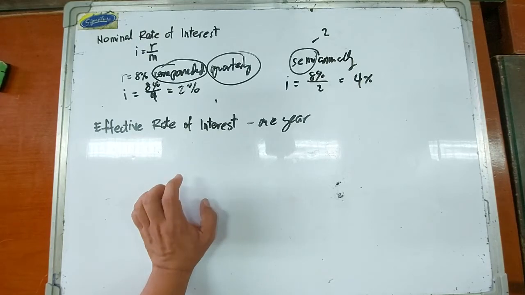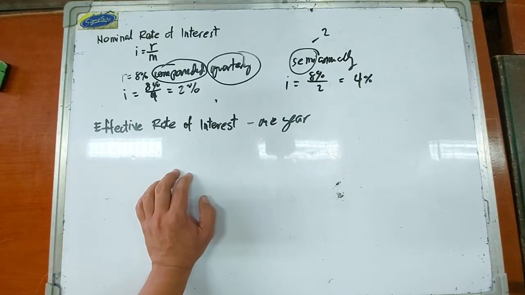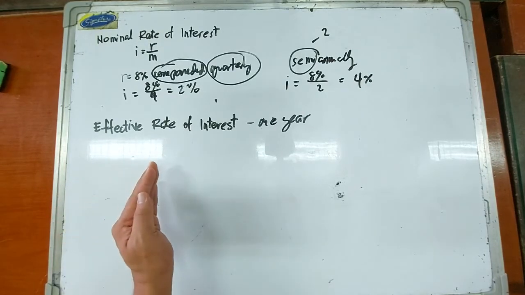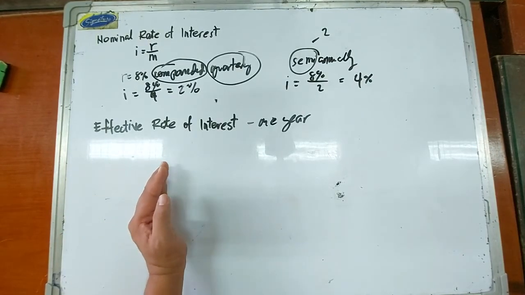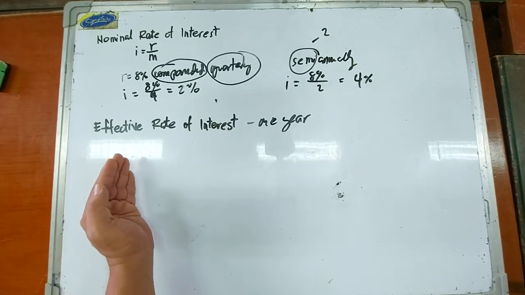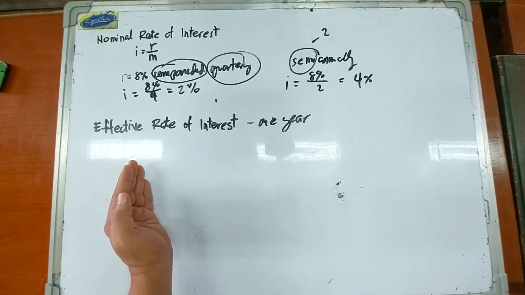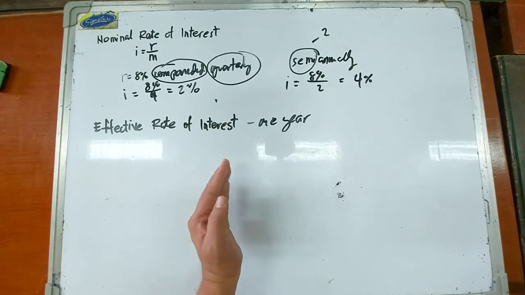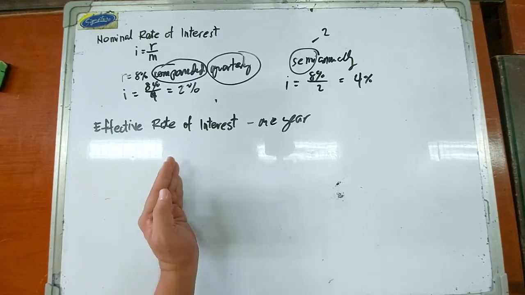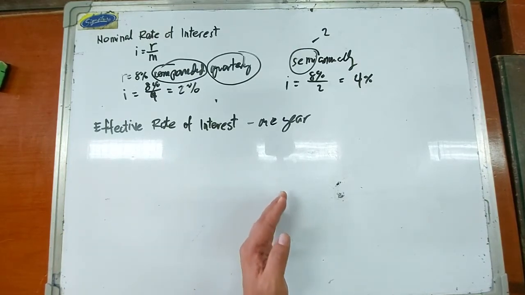Since we have defined before that in compound interest, we compute the interest based on the preceding principal of the interest period. So our principal increases per interest period.